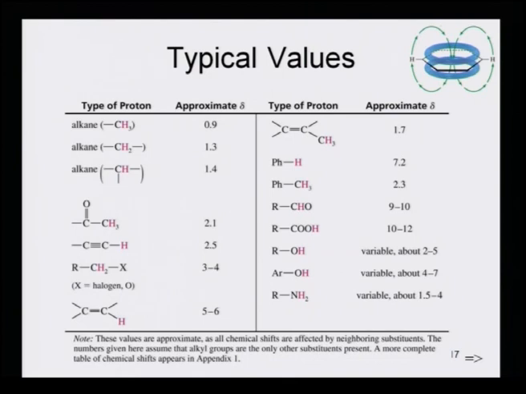So, you see a simple methyl was appearing at 0.9, the double bond in conjugation made it get deshielded to 1.7, and furthermore, if it is attached to a benzene ring, the value goes up to 2.3. So, that is the kind of variation that the delta value has because of the immediate environment in which the proton is placed.